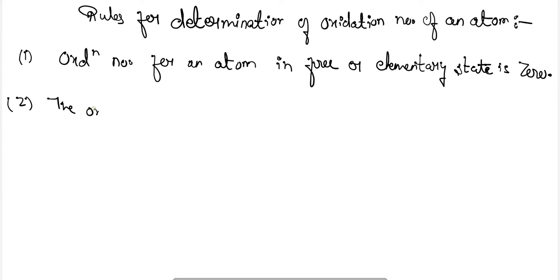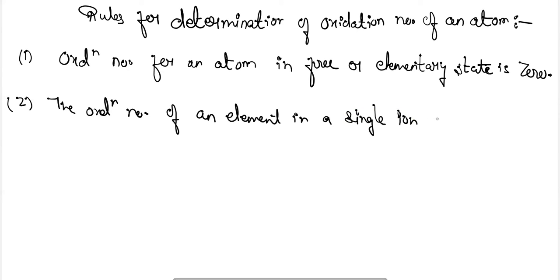The oxidation number of an element in a single ion, that is a monoatomic ion, is the same as the charge on the ion.